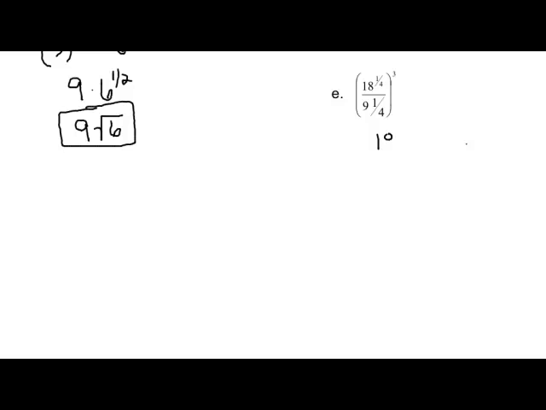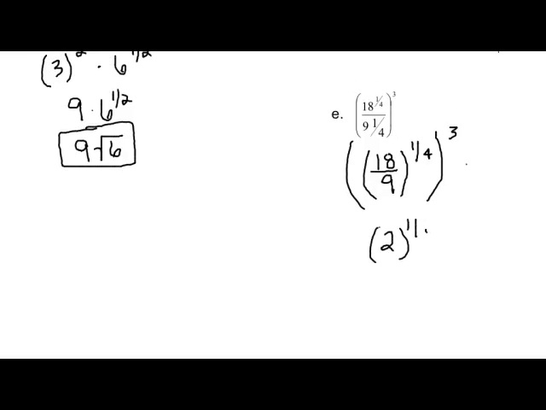We can take 18 over 9, and raise all of that to the 1/4 power, and again, all of that is cubed. Now, if you notice our fraction here, 18 divided by 9 is just 2. So this is 2 to the 1/4 power, and again, all of that is cubed.